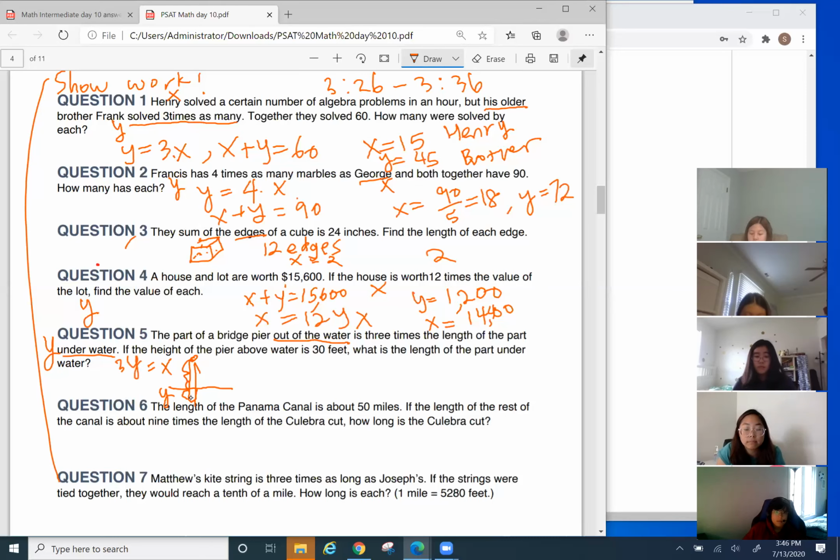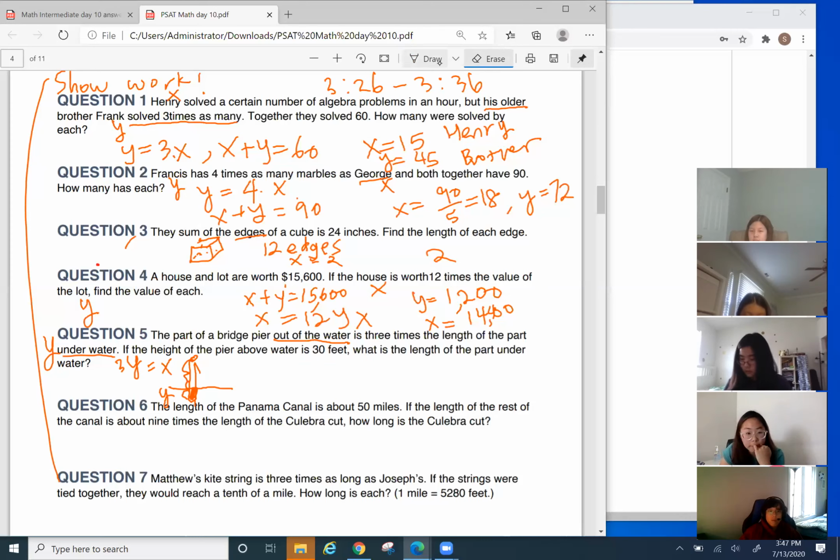Does that make sense? Okay, so if you set up the equation, then x plus y is equal to. Oh, I'm sorry. The height above the water is 30. I thought the total was 30. Okay, can you go back and tell me what to do afterwards?